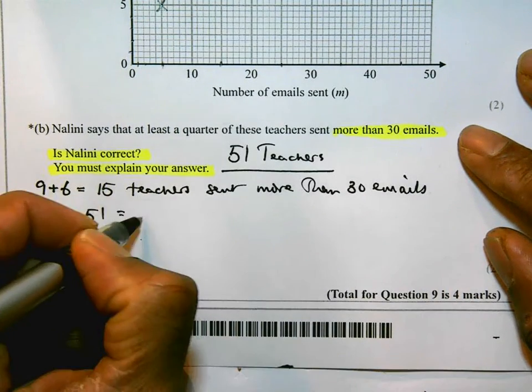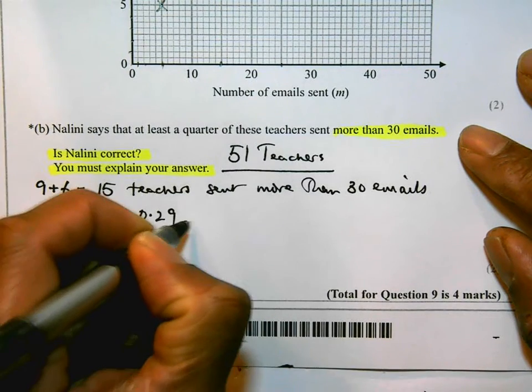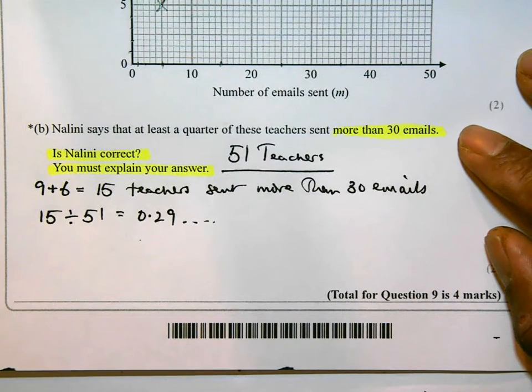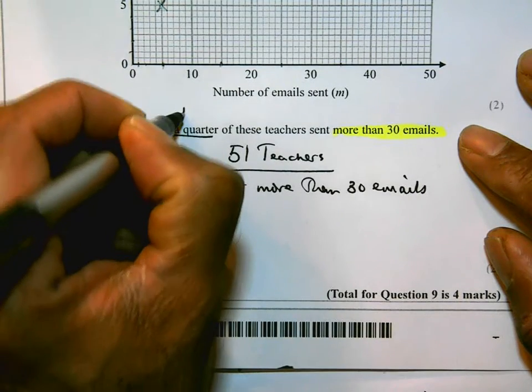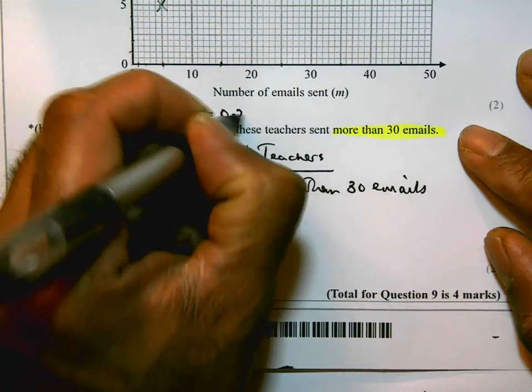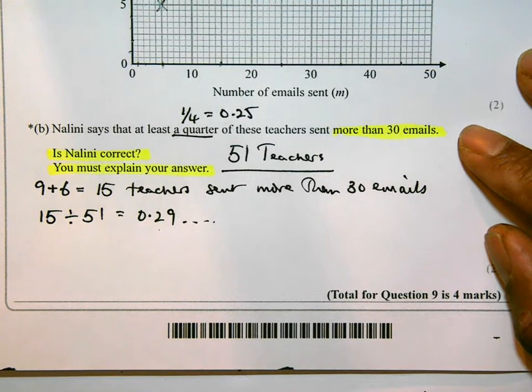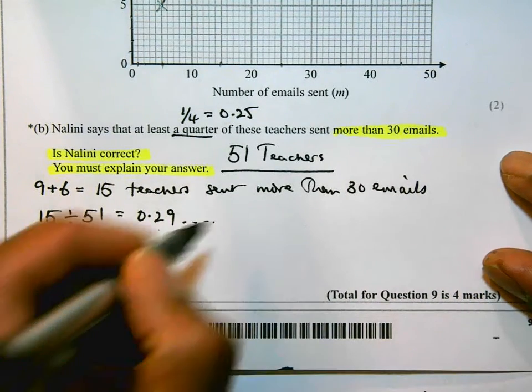Okay, now remember, a quarter is 0.25. What I could tell from this is 0.29 is greater than, is more than 0.25.